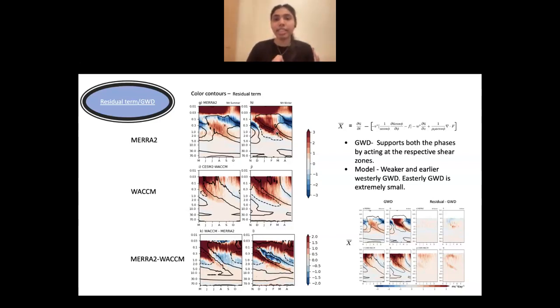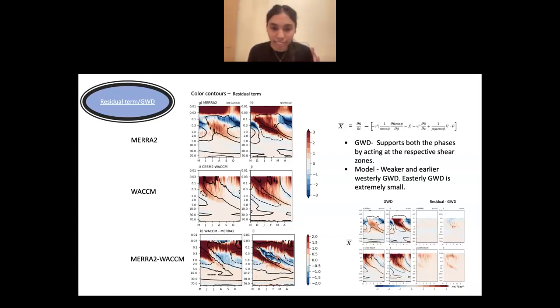This suggests that it is a really important forcing in establishing the westerly phase of the semi-annual oscillation. But if we look at VACUUM, for example at the difference plot, we can see that there is a positive forcing in VACUUM, which is basically because the VACUUM gravity wave drag happens a bit earlier than MERRA2. So there is a timing difference here.